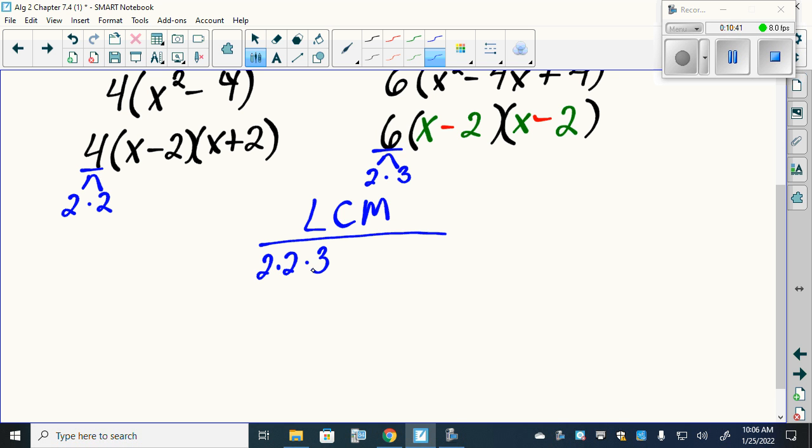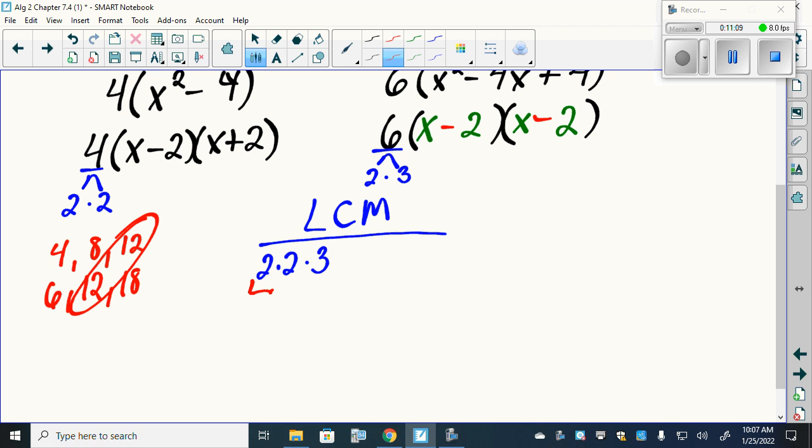Now the other way we can actually do this is, well, I can look at 4 and 6. Well, 4 times 2 is 8. 6 times 2 is 12. If I add 4 again, I get 12. Here I get 18. But the first number that they are both the same is 12.